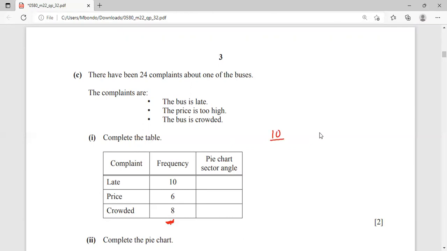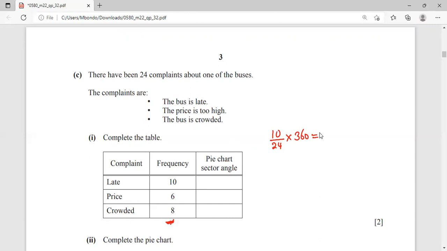Then the total number of complaints is 24. We need to multiply this one by 360 degrees, which is a complete turn, so that we can get the degree that represents the number of complaints of people that say it's late.